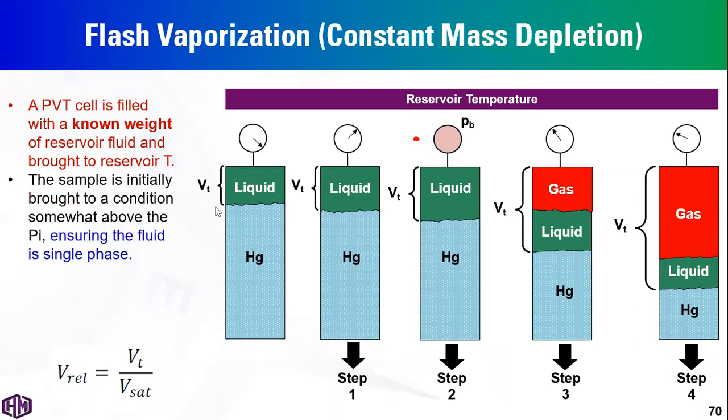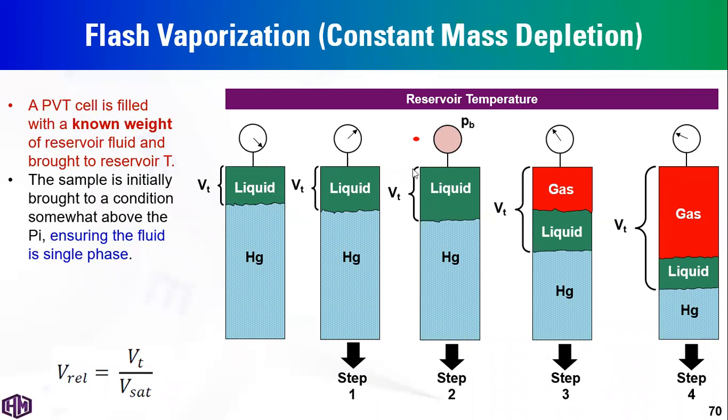So the measurement in that experiment is simply that we calculate the VT, or total cell volume, as we decrease the pressure step by step without any release of gas. So at pressure higher than the saturation pressure, no gas will come out of the liquid.